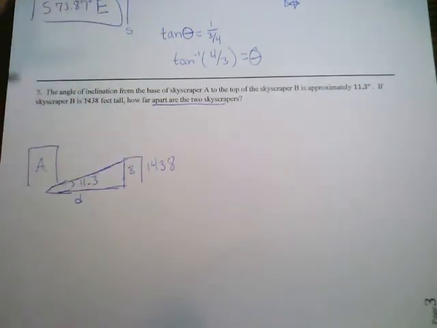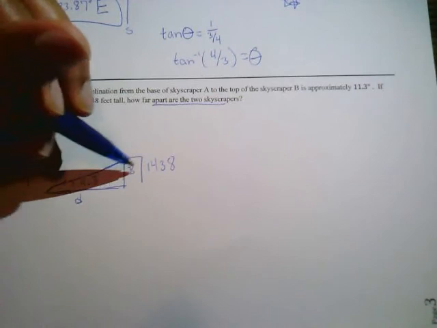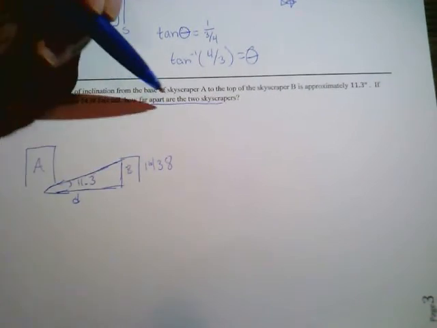It looks like we're going to be doing tangent again. Here's the adjacent side. Here's the opposite side. So tangent of 11.3 equals the opposite, 1438, over the adjacent side.